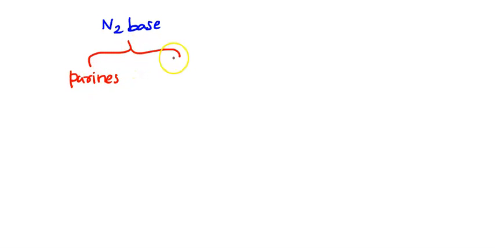Okay, next let me talk about nitrogen base in detail. There are two types of nitrogen bases, or two groups of nitrogen bases. One is called purines and the second group is called pyrimidines.